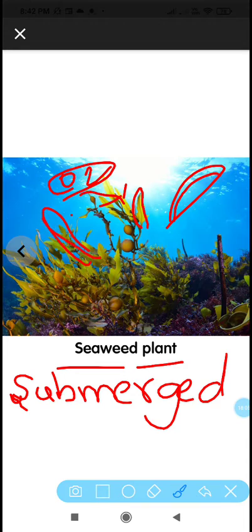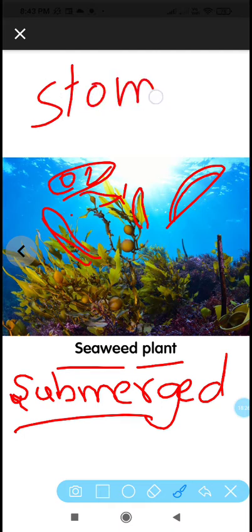Because of this, they do not have stomata like other leaves. How the lotus leaf has stomata, how terrestrial plants have stomata. These leaves of submerged plants do not have stomata. Stomata is absent in submerged plants.